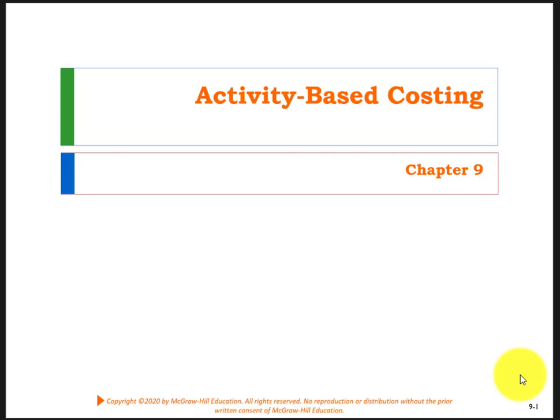So I just want to point that out so that you realize that when you get out there in real life, this is not always the way that journal entries are done, even with a company that uses activity-based costing.